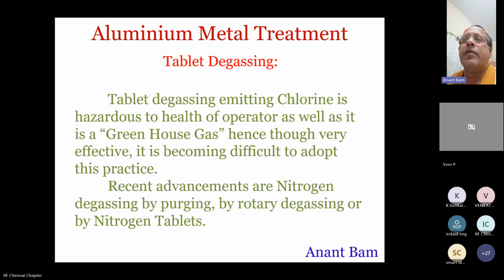To deal with it, nitrogen degassing by purging or passing or by rotary degassing is done. Some manufacturers have come up with nitrogen emitting tablets also. But my personal opinion about these nitrogen tablets is not very satisfactory.